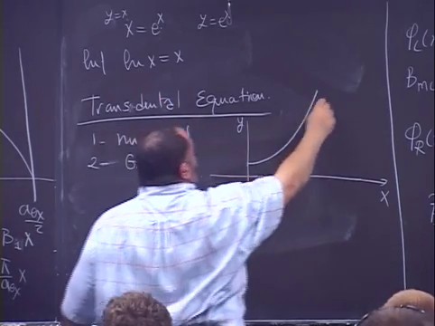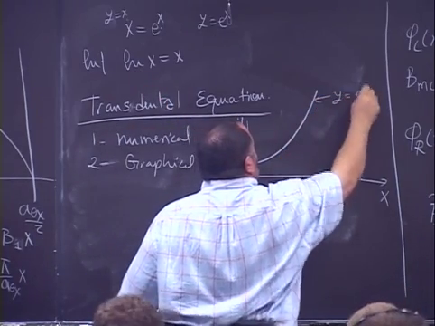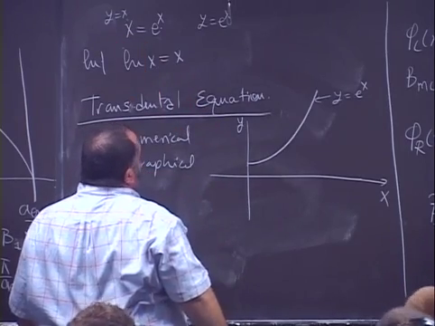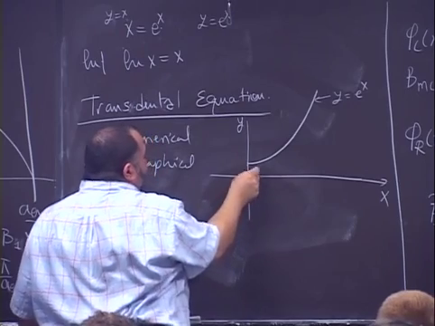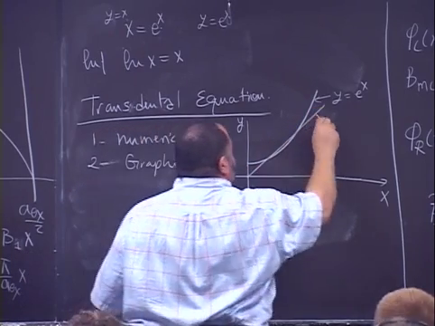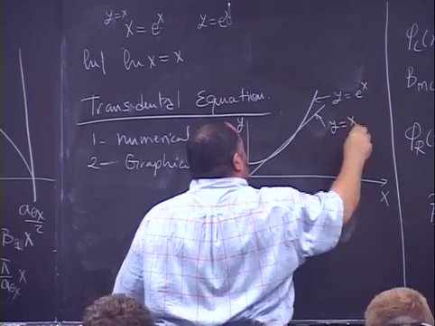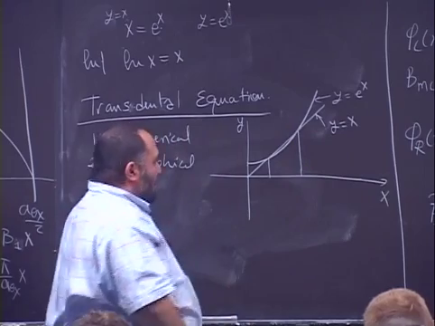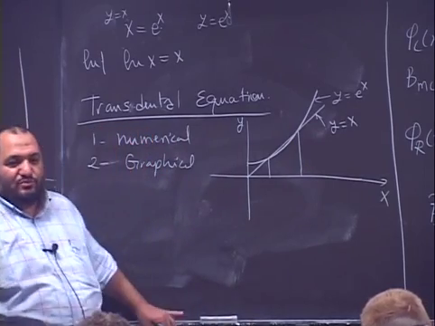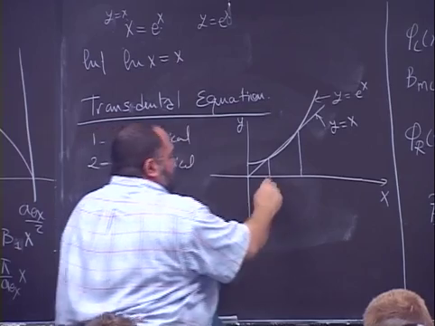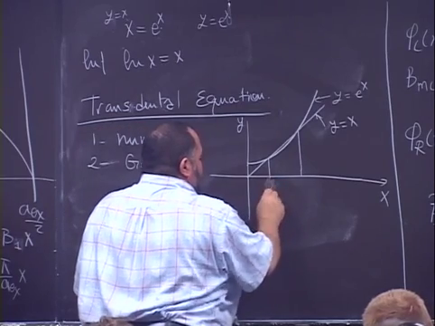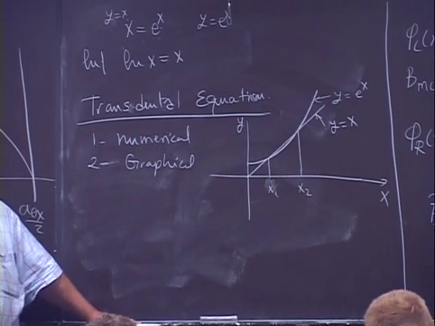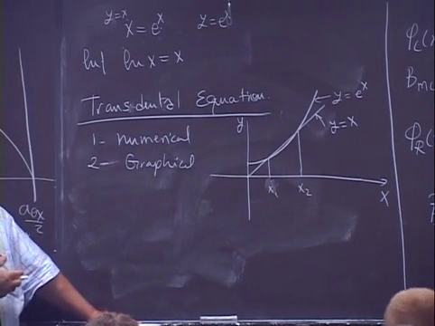This is the first function, y equal to e^x. The second function is y equal to x. So I plot y equal to x, and I have solutions where y1 equals y2. So this is x1, and this is x2, and those are the solutions of the problem. This is how to solve a transcendental equation.